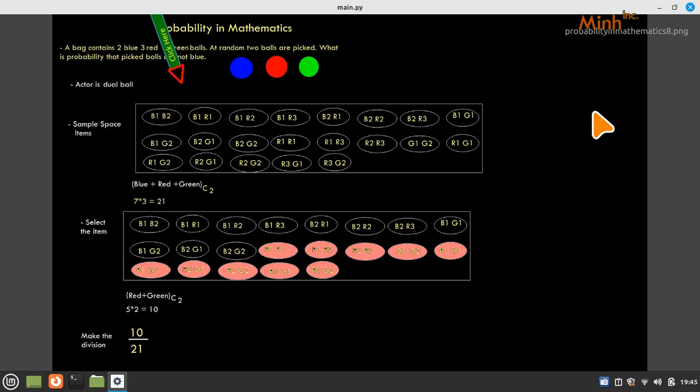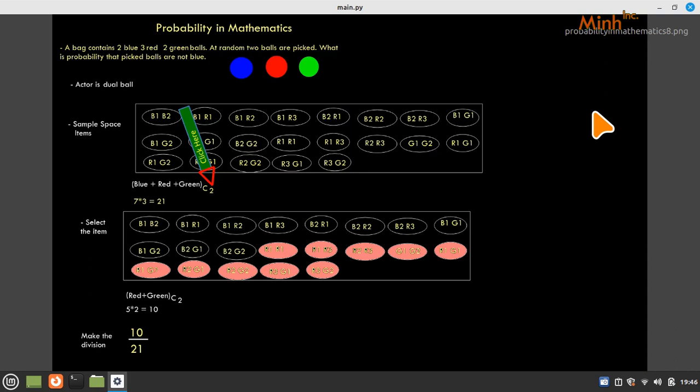So if 2 blue balls, 3 red balls and 2 green balls are there, so blue, red and green, then we have to find combinations of 2. So we select any 2 at any time where 2 can be shuffled, like blue 1 and blue 2 are the same as blue 2 and blue 1.